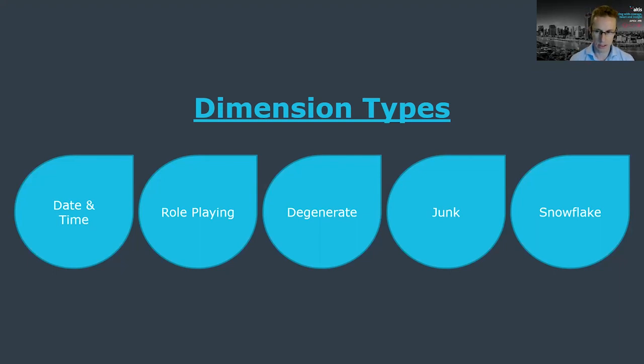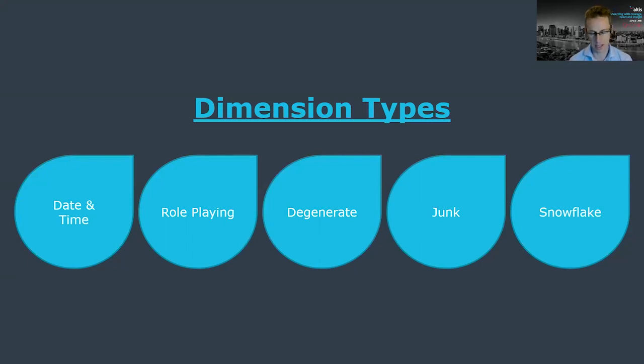Final type is snowflaking. This is a concept whereby we create relationships between dimensions that's more in the third normal form data modeling technique. So an example of this is you may have a product dimension that has some product category attributes in there.